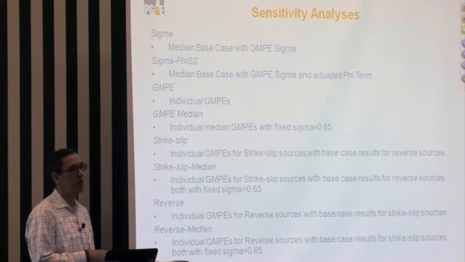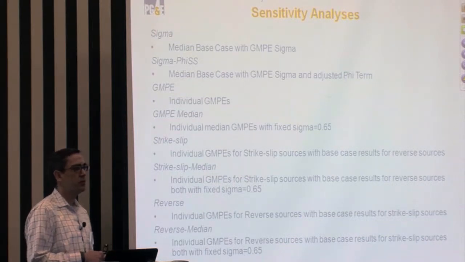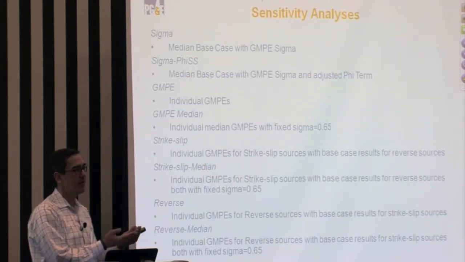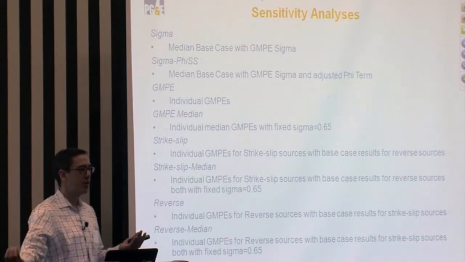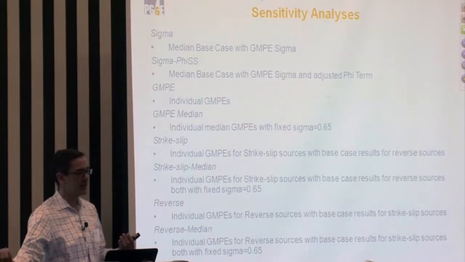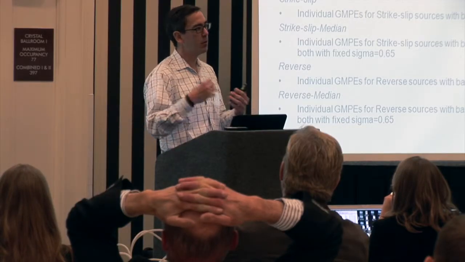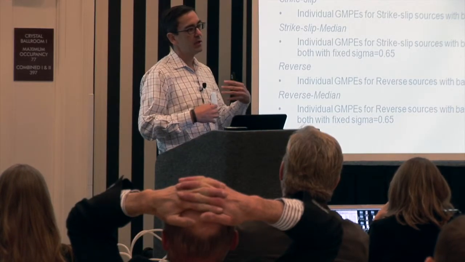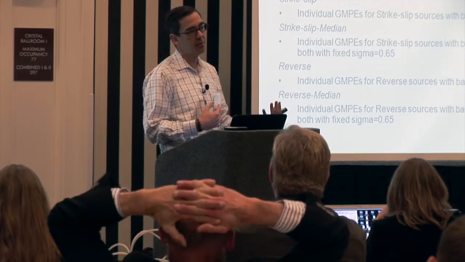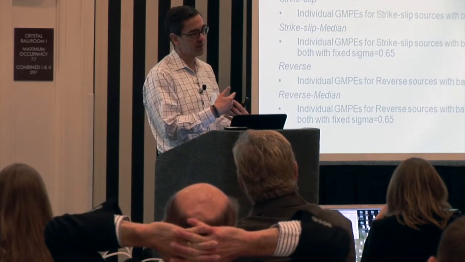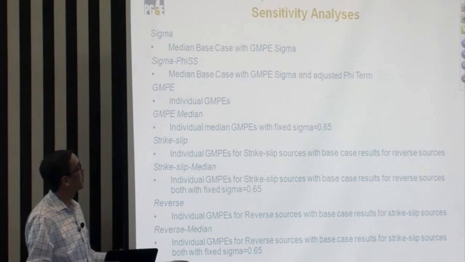As an example, we run a hazard run where we use the median ground motions from the 5 NGA models with the sigma model from the ASK 2013 model. And then we do the same thing with the BSSA sigma model. So what we're changing out is, within the hazard run, we keep the median ground motion values, but we swap in a different sigma model to see how that sigma model impacts things.